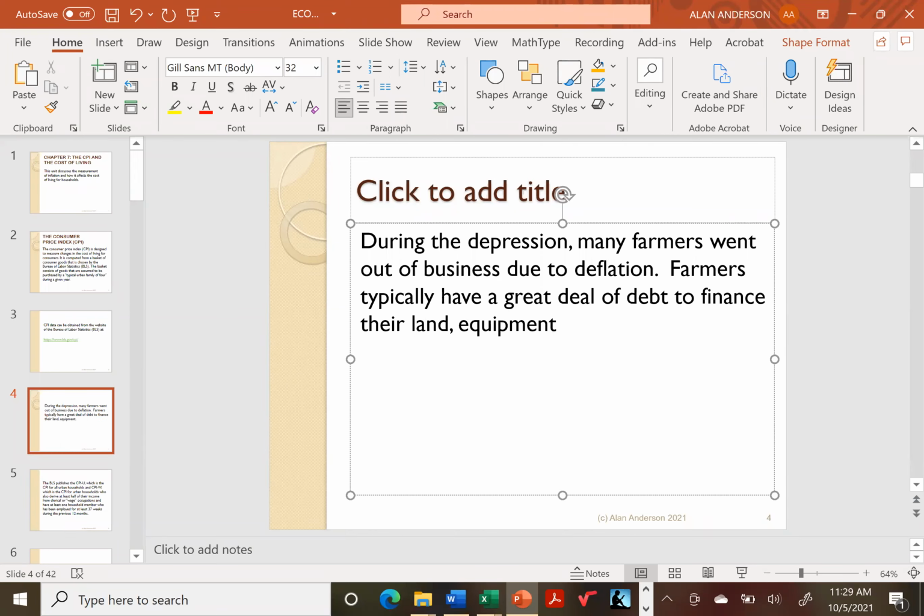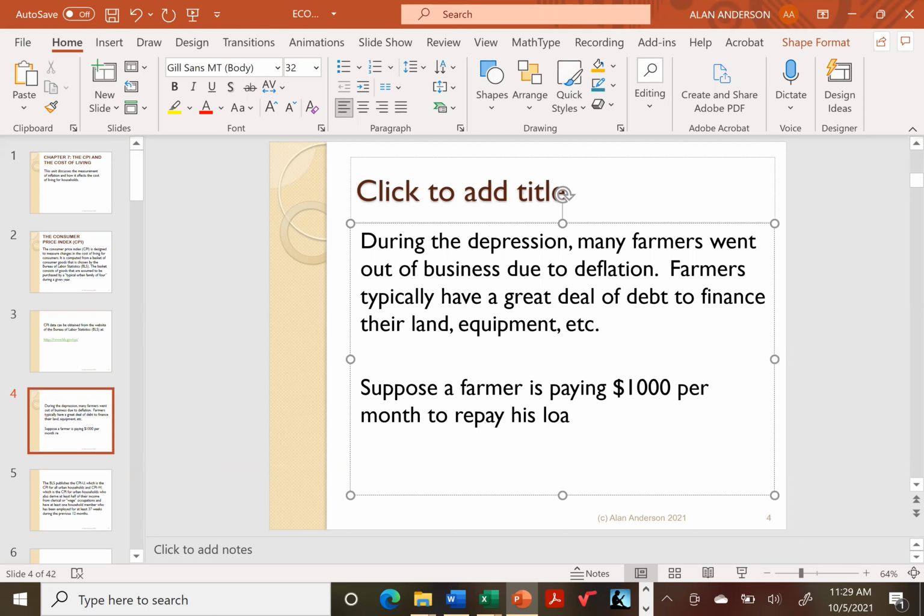So imagine this situation. Suppose a farmer is paying, I don't know, let's say $1,000 a month to repay his loans. He sells wheat for $10 a bushel. The price then falls to $8 a bushel.